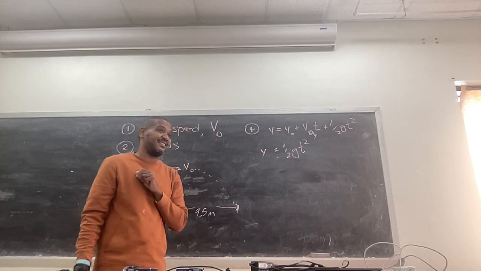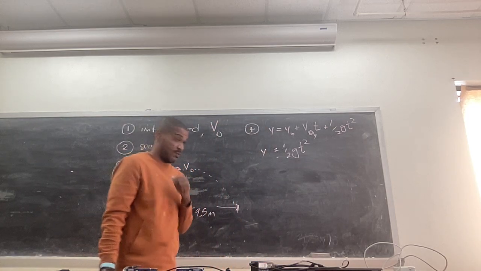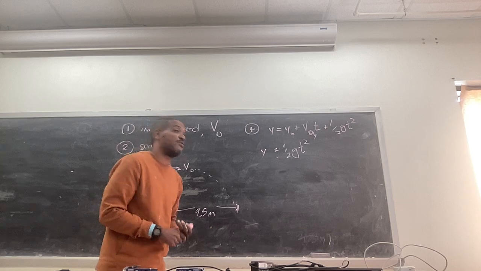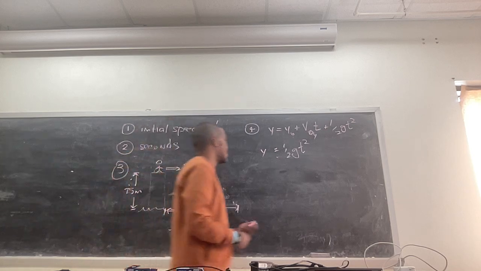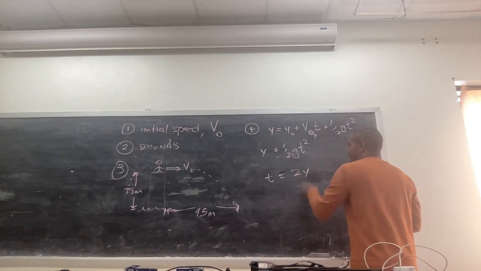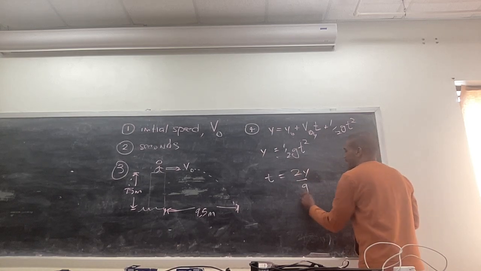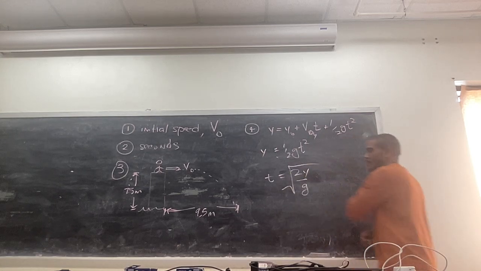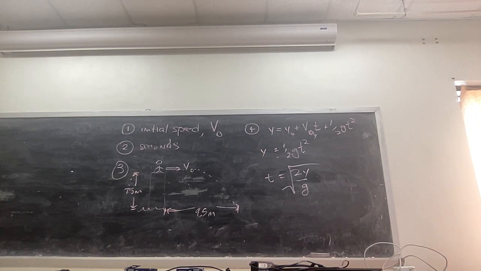Now I can solve for t, right? So t is going to equal the square root of 2y over g. Everybody following me on that?